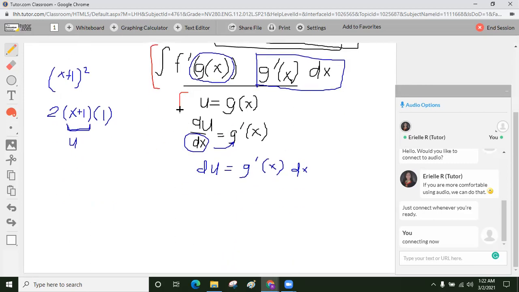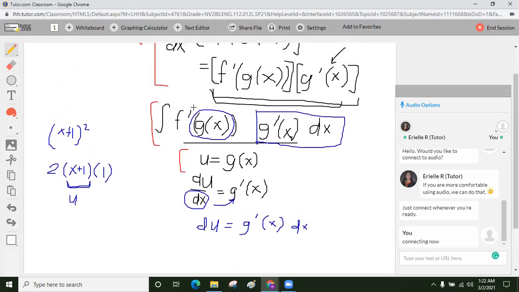And over here, it seems like you took a variable, which was u, and you made it stand for the inner function g of x. But then down here, you're solving for du. Is there any reason as to why you do this step here?